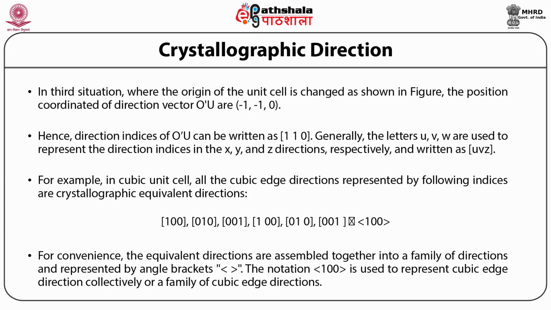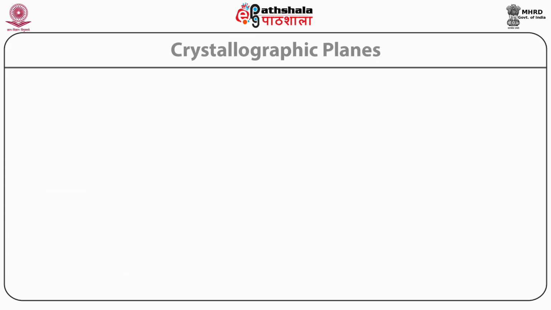The notation angle brackets 100 is used to represent cubic edge directions collectively, or a family of cubic edge directions. Similarly, angle brackets 110 and angle brackets 111 represent the families of directions along the face diagonal and body diagonal of the unit cell. Crystallographic planes.